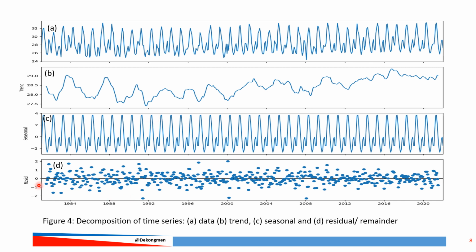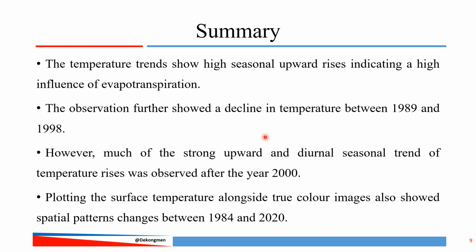And if you look at the residuals, you realize that there was some good fitting here, which also shows that there has been a constant rise in temperatures. It basically shows a high seasonal uprise in temperatures, indicating the influence of evaporation or evapotranspiration in the catchment.